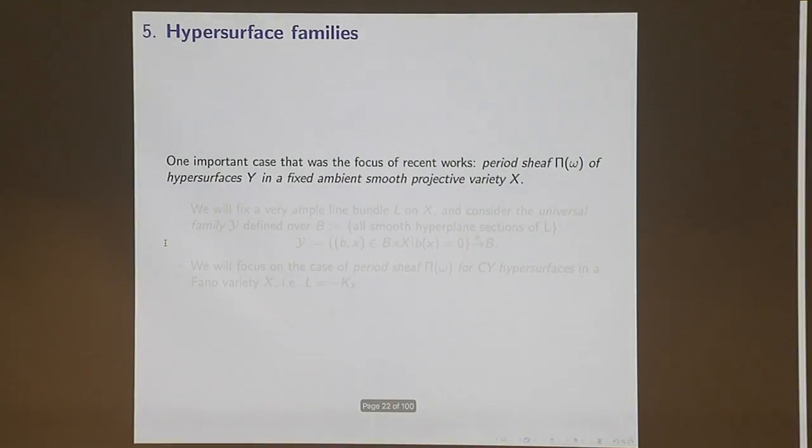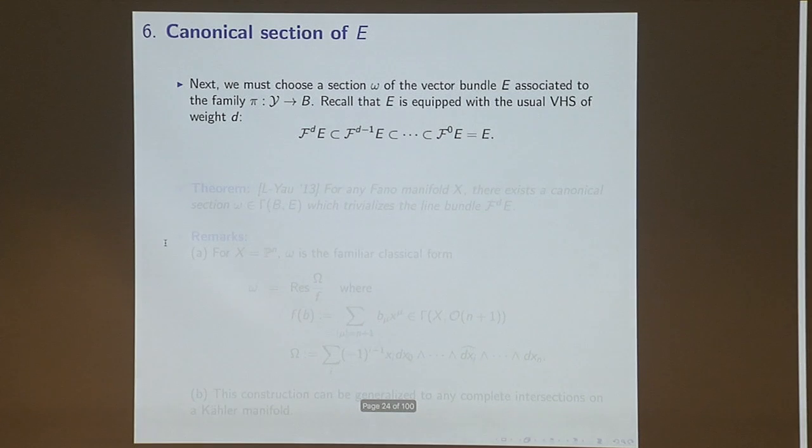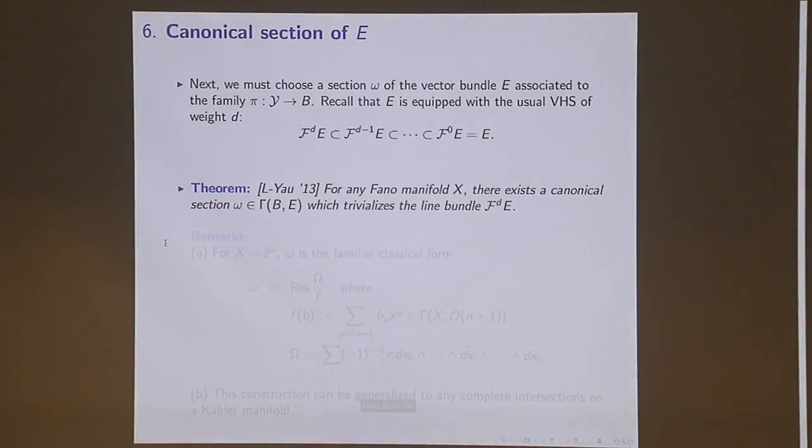Okay, so the first thing to do is that we would like to choose a section of the bundle E that we started with. So let's recall that the bundle E has the standard variation of Hodge structure of weight D given by the filtration denoted by F^p of E. So here's a way to get a section.